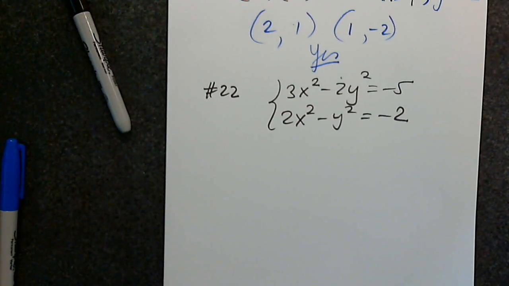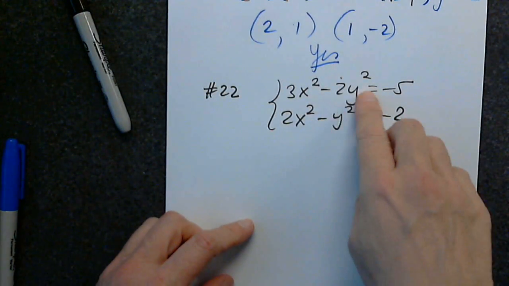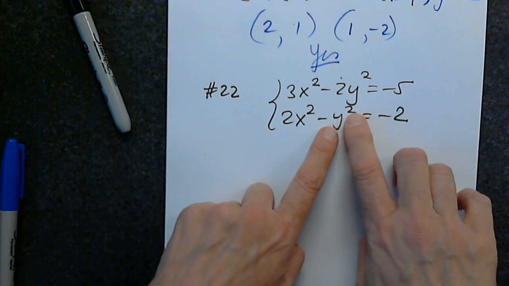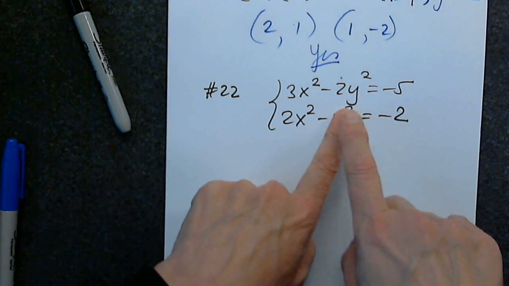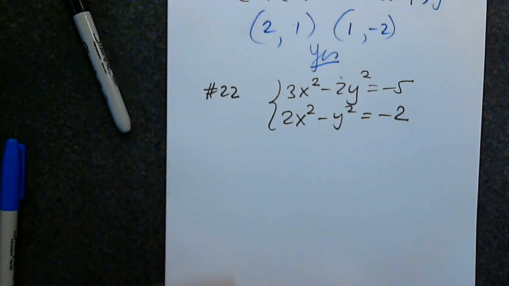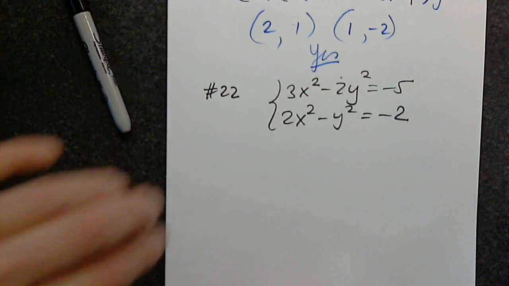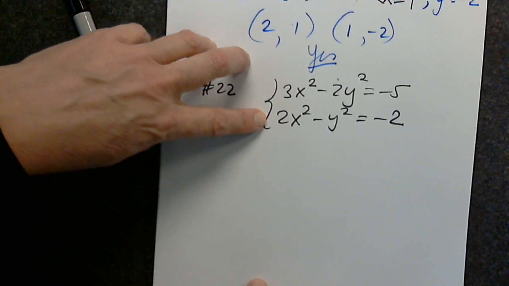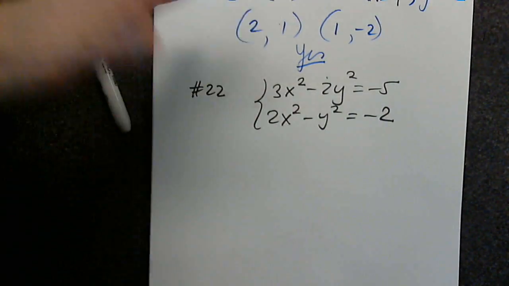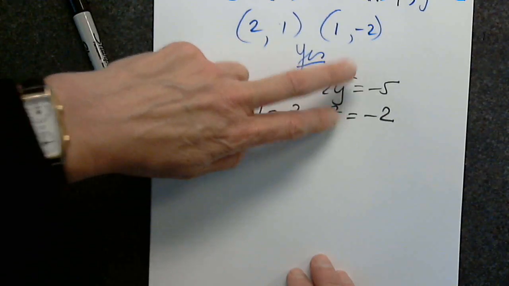methods. We can, not for x squared or y squared, but for this one, I can use substitution and solve the equation for y squared. But let's say we want to eliminate. Now, we look at the coefficients before we decide which variable to eliminate, because the variables are the same, x squared, y squared, y squared.